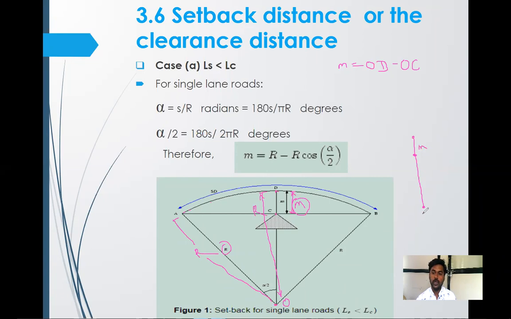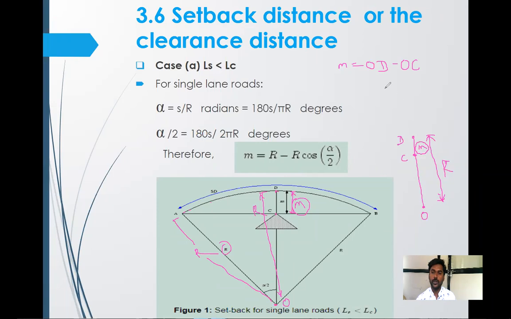So see here, I have taken this as origin O. I am telling this diagram only. Here I have taken the point as C, and here I have taken the point as D. And the total distance is r, that is the radius. So how can I calculate this m value?